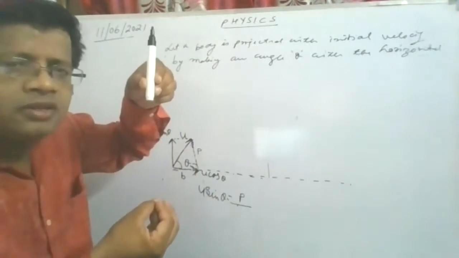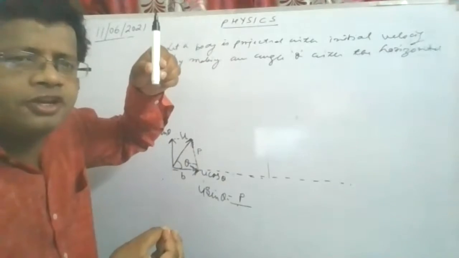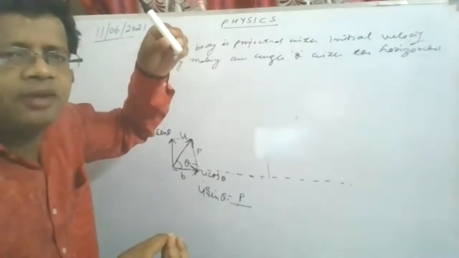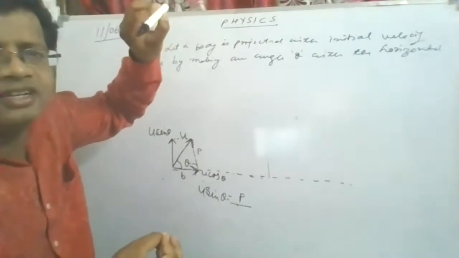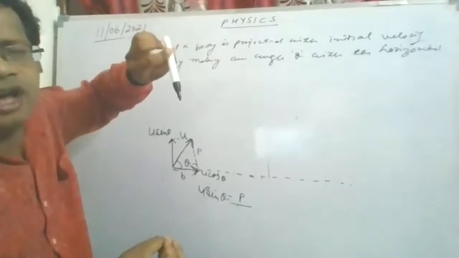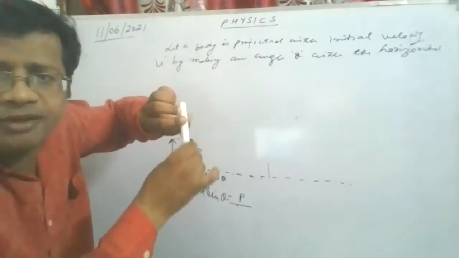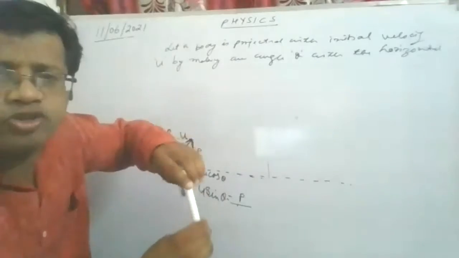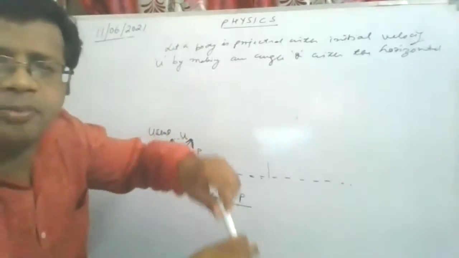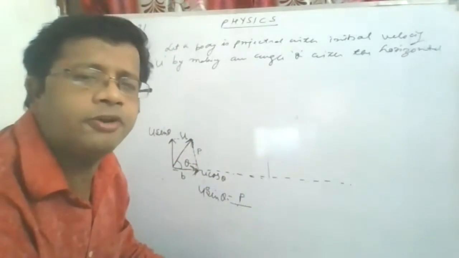The velocity ultimately becomes zero, and then it returns and starts to fall down. Now when the body starts to fall down, its velocity goes on increasing. Why does the velocity go on increasing? Because gravity is pulling down.